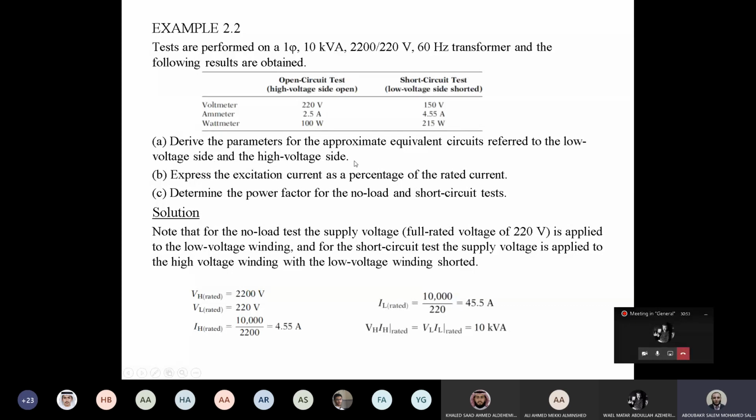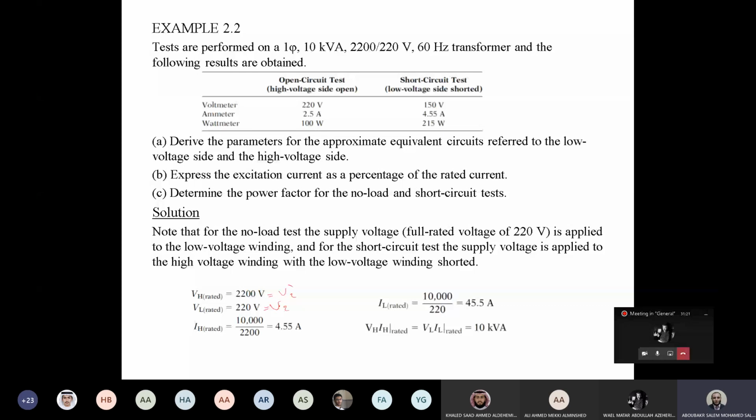So شباب, we have now the rated values. These are the rated values written here. We have V high rated or V low rated, which is referred to as V2 prime and V2. So we highlighted here, which we refer to in our discussions as V2 prime. So this is now V2 prime, and this is V2.